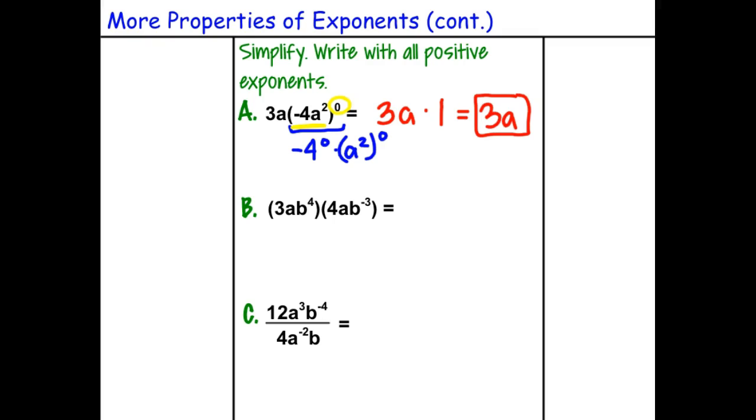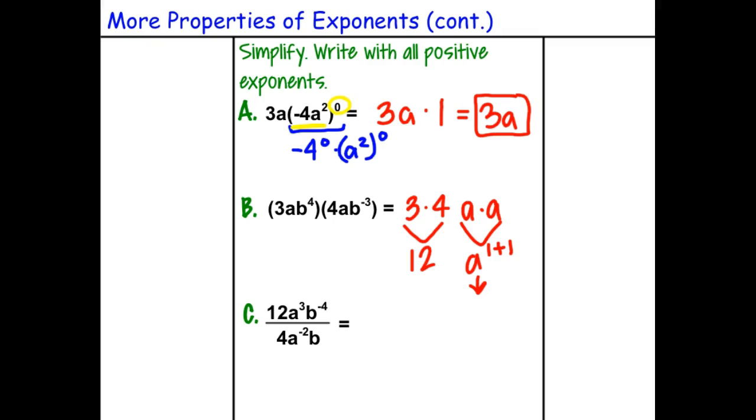So the next one we're going to take a look at is 3ab to the fourth times 4ab to the negative third. So now what we're going to do is take that 3 times 4, which is 12, and then we're going to have a times a, which is basically a to the 1 plus 1.